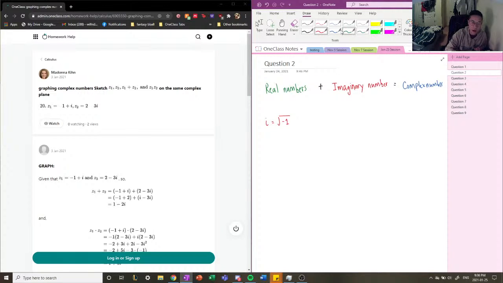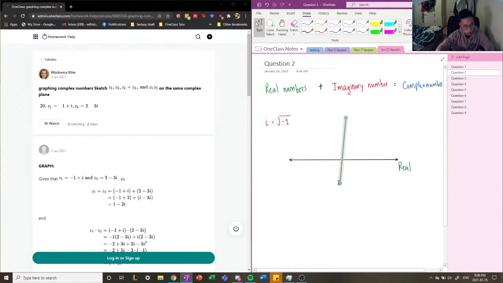Okay, so if I were to draw the real number line, here's the real number line. I'll just draw it out. So this is our real number line. The imaginary number line is a vertical line that's perpendicular to the real number line.